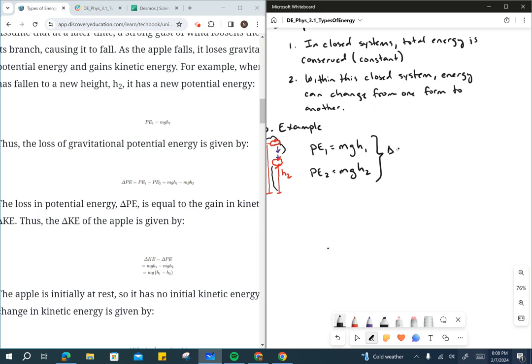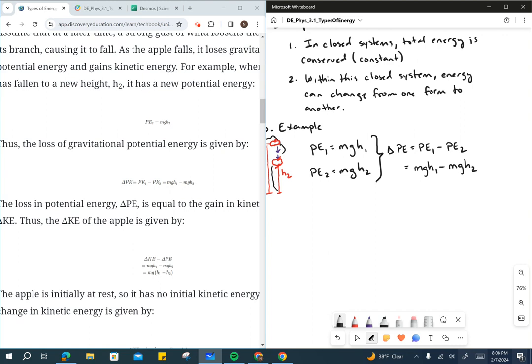The change in potential energy would be your potential energy number 1 minus your potential energy 2. That's the height difference, right? Which, as you know, would be the mass times the gravity times the height at level 1 minus the mass times the gravity at height number 2.